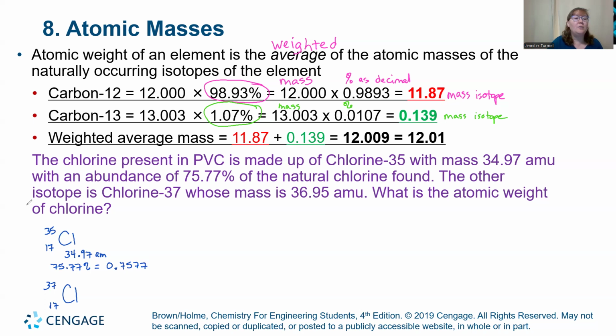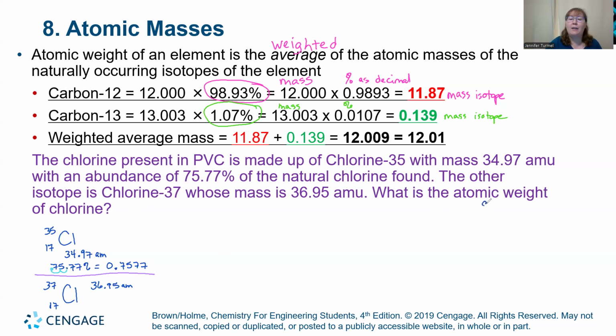We do that by moving the decimal twice, 1, 2. Chlorine 37, let me draw a little line here so that we can see where we are in the middle. Our mass for chlorine 37 is 36.95 atomic mass units.